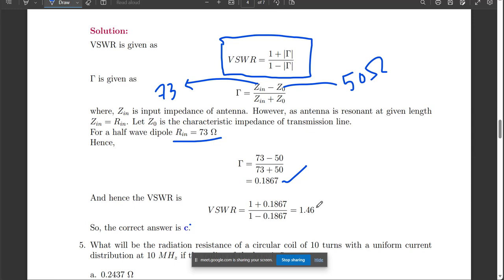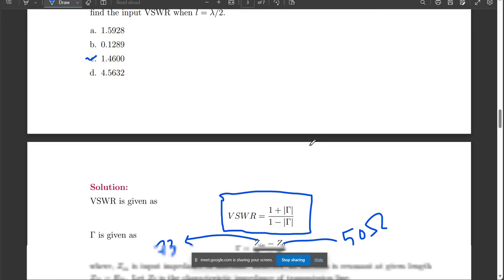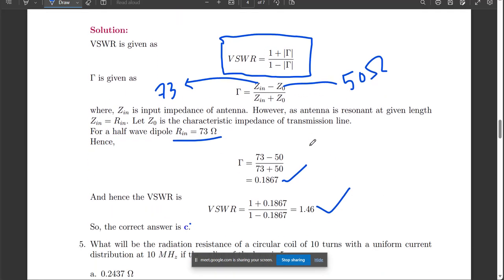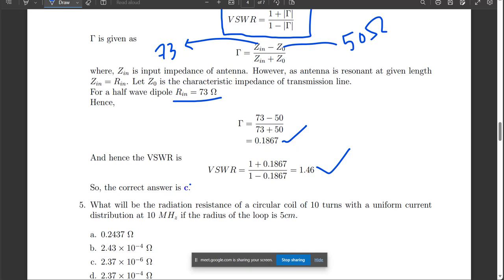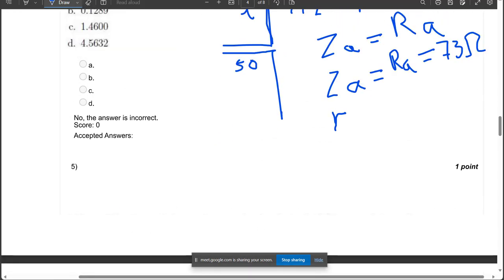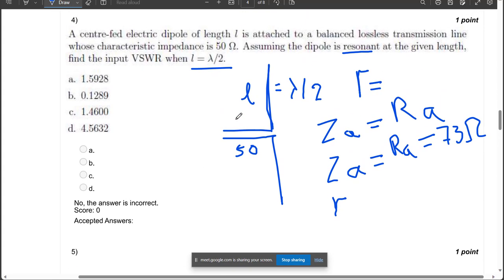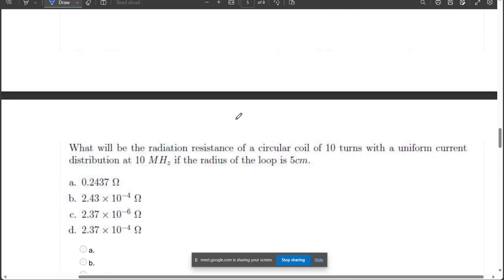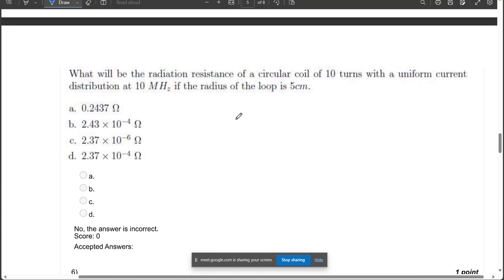So the correct answer is 1.46. Okay. Any doubt, anyone? Everyone already solved this question. Very good, all of you. I don't think there is any doubt, but if you have, ask me now. No. Okay, so let's solve the next question.